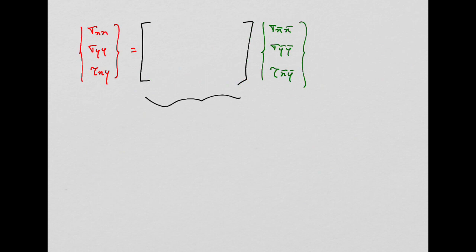So what I will have here will have to be the transformation matrix inverted. Okay? And that transformation matrix, if you do the inversion, you get these coefficients of sines and cosines and square.